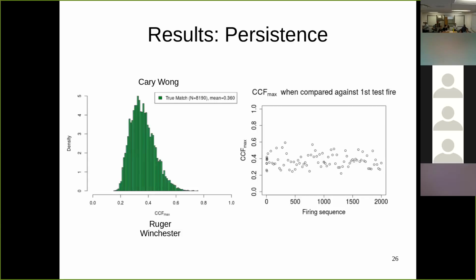Good to know. So in the second plot on the right, we compare the first test fire to the remaining ones, up to 2000, but we only have them at intervals of 25, so it's about 90 test fires.